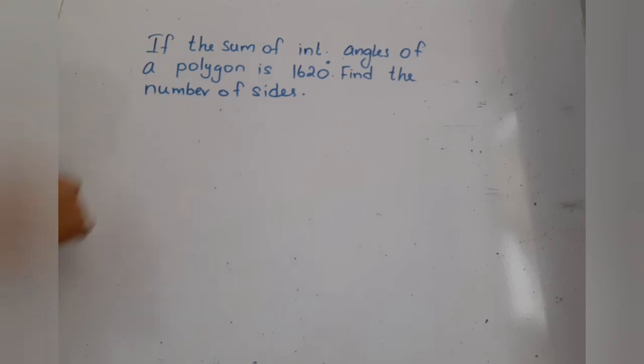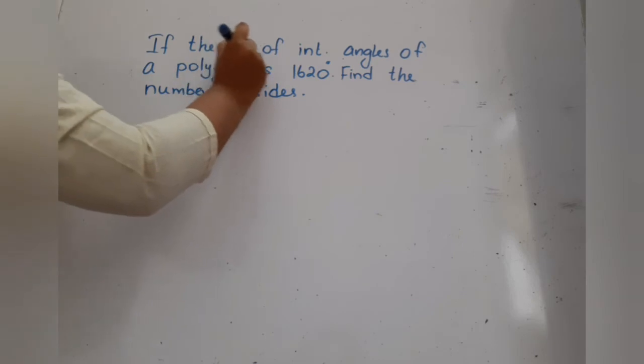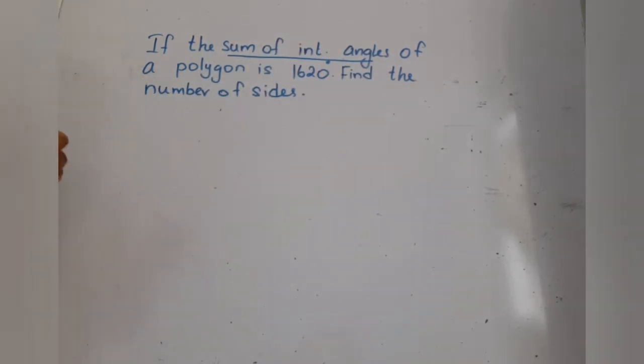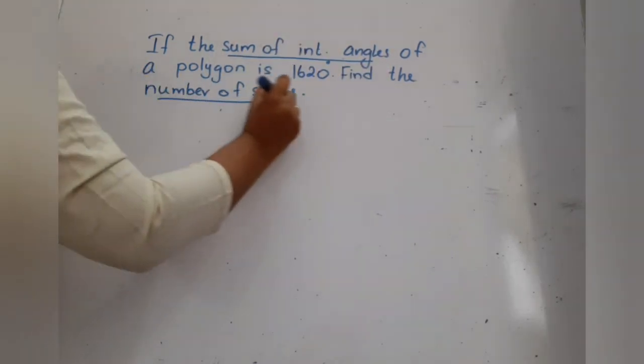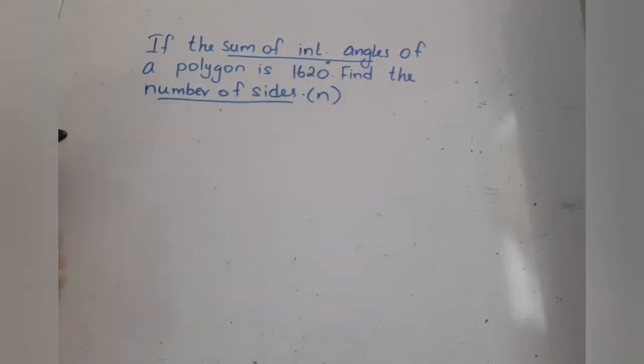If the sum of interior angles of a polygon is 1620 degrees, find the number of sides. Here they have given the sum of the interior angles and the question is to find the number of sides, which is n. Am I right?